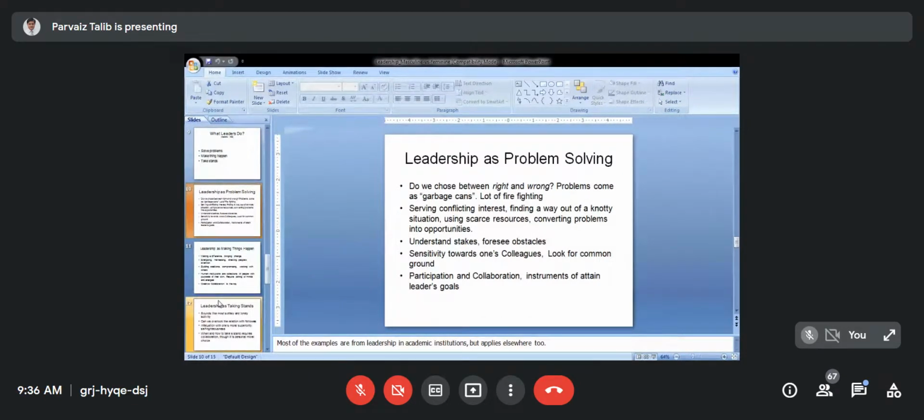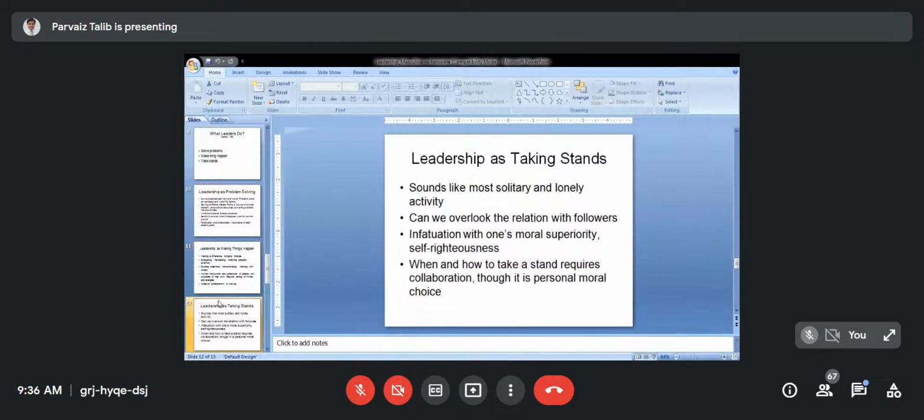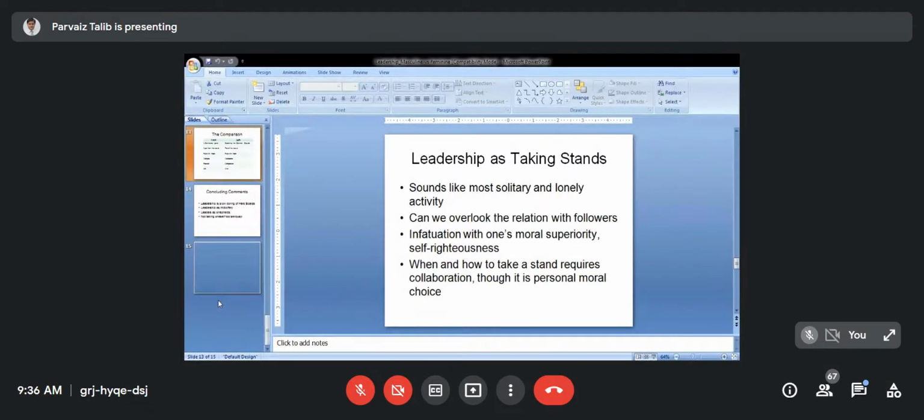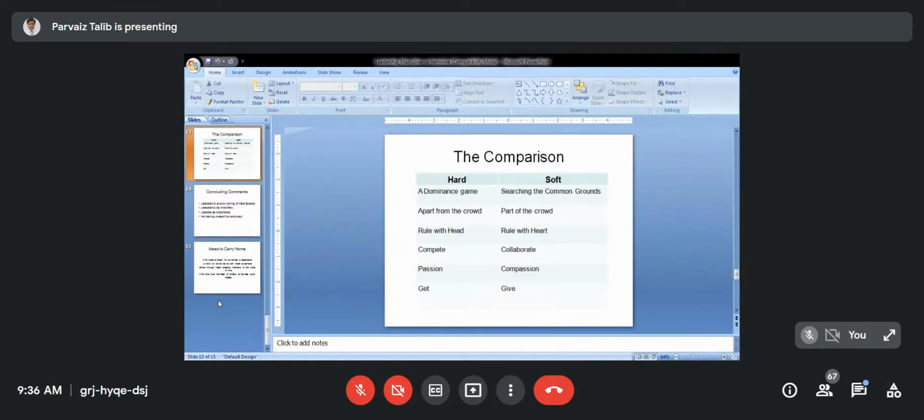And all this I've explained in this PPT. What I'm suggesting is there are two approaches. As per the first approach, leadership is a dominance game. But the other approach says that a leader is one who searches for the common ground.